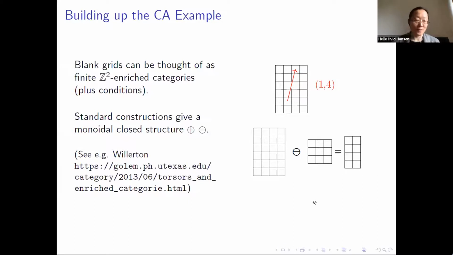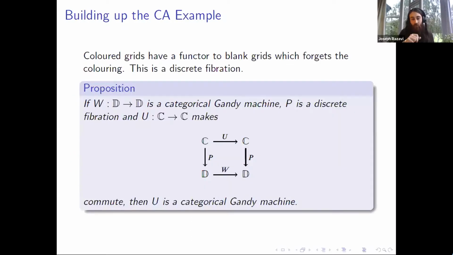Thank you. So these blank grids are all very well, but I promised you the game of life, and clearly this isn't it. But if I think about the category of colored grids, you can see this as having a projection down to the uncolored grids, and this projection is a discrete fibration.